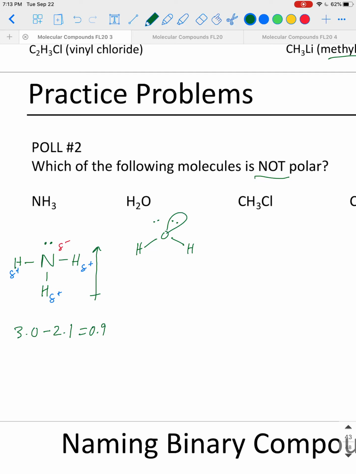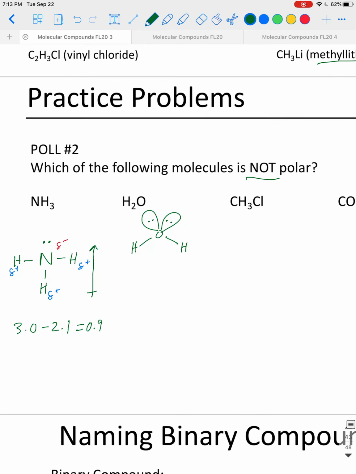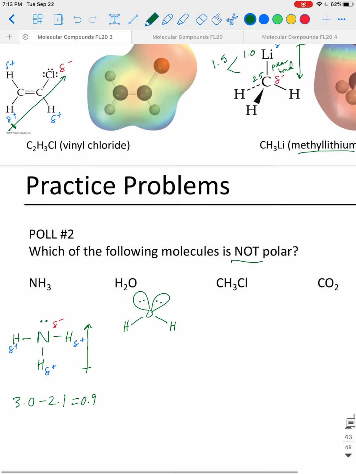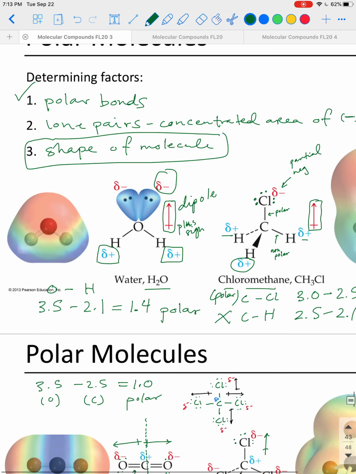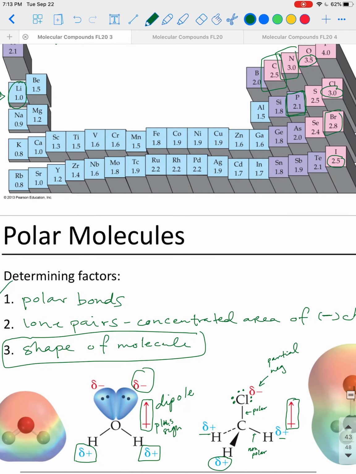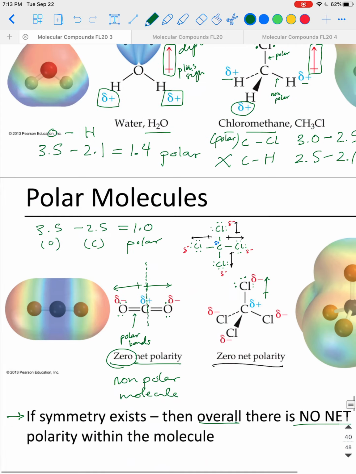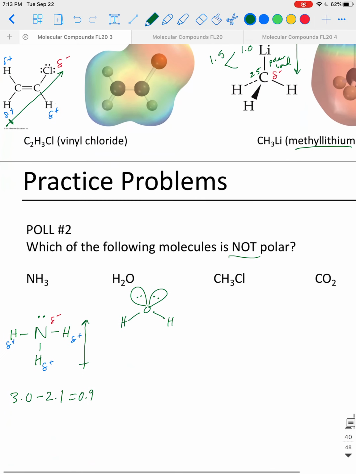You can draw them just as the dots, or you can put little clouds around them if you want. Hydrogen has an electronegativity value of 2.1. What is it for oxygen? Oxygen is 3.5. So let's go back down here. 3.5 minus 2.1 is 1.4.